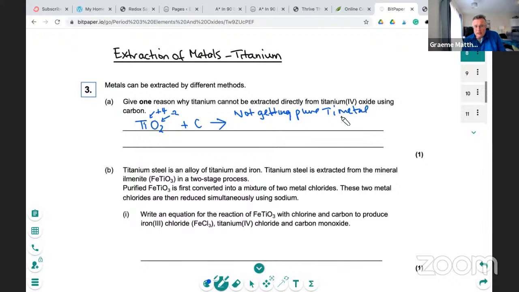Why? Because the carbon and the oxygen are going to replace each other. So you're probably going to get something like titanium carbide. Okay, right. Why? Well, because one of the oxidation states of carbon is -4, isn't it? So you're thinking titanium carbide?